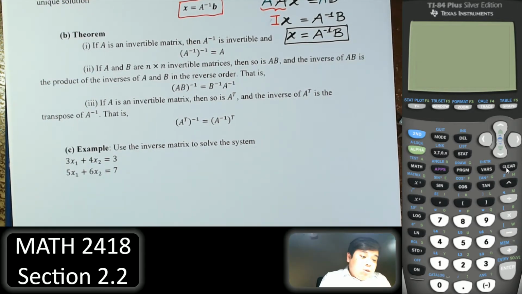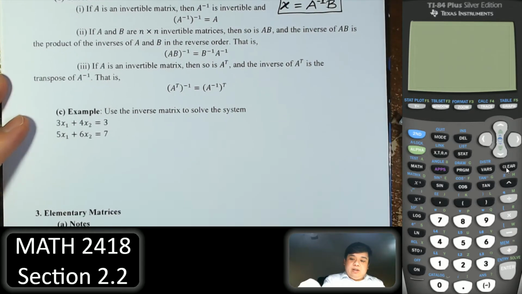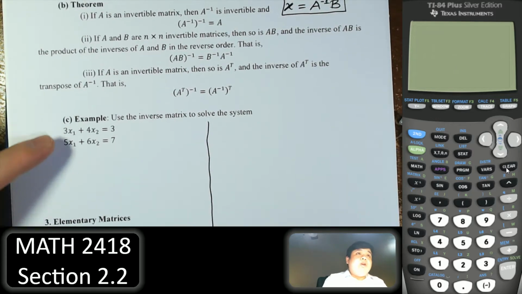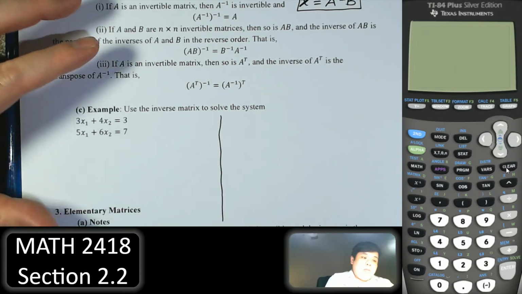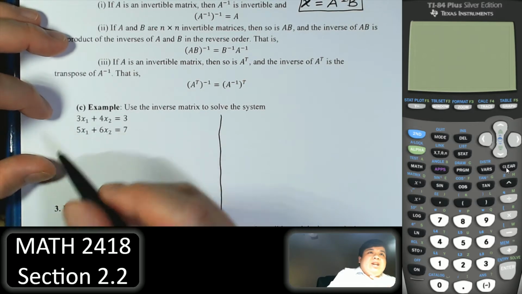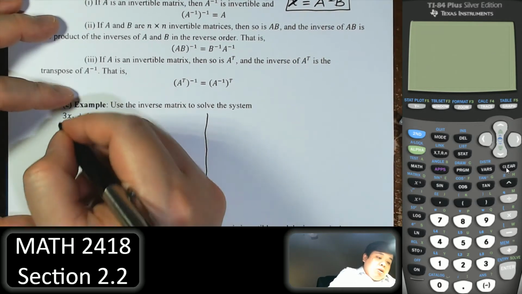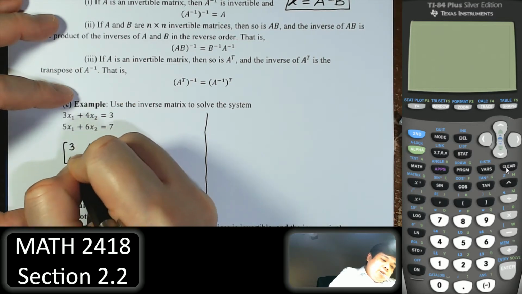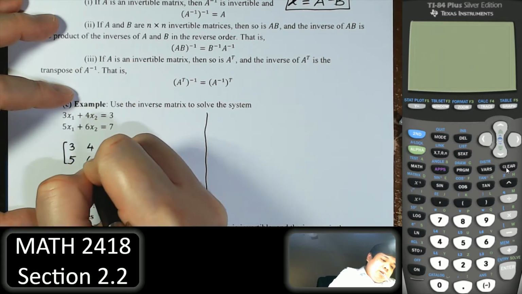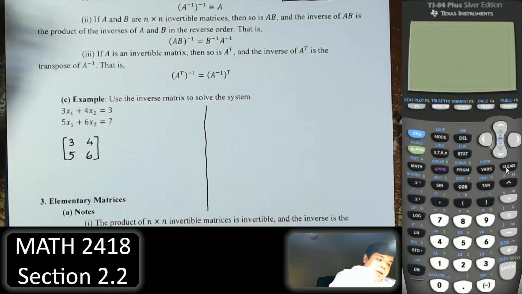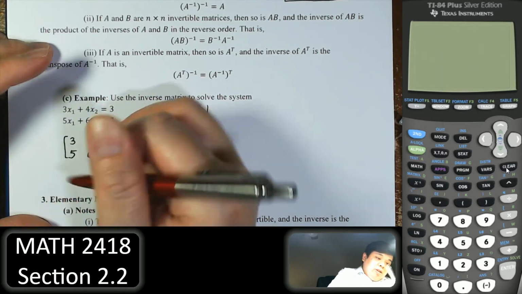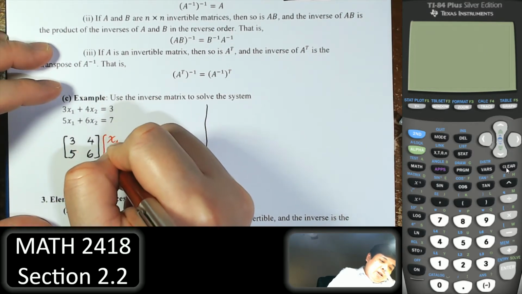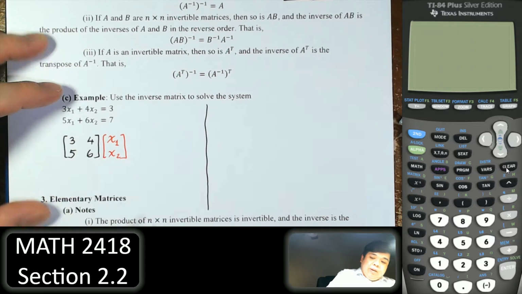Right, now use the inverse matrix to solve this equation. First I will write this as the matrix equation. This is easy. We did that in chapter 1. Put all the coefficients together into one matrix, and we put the variables into a column vector.